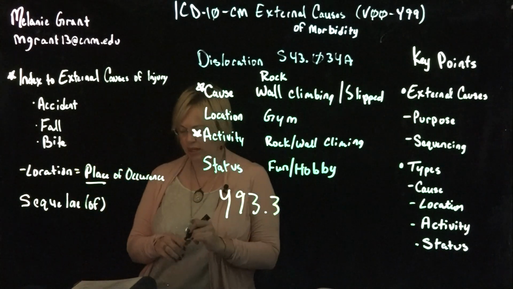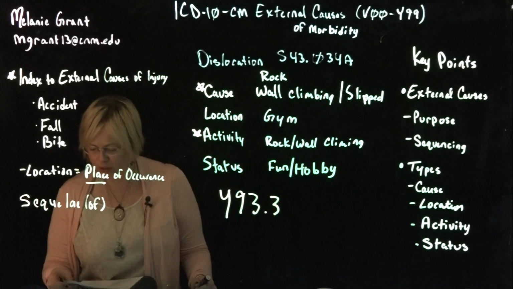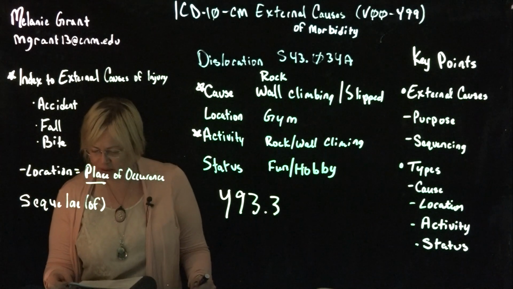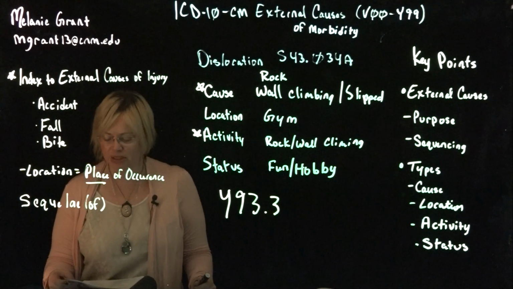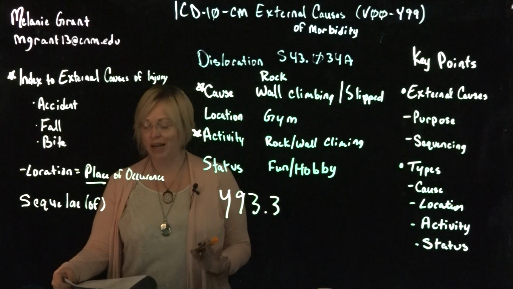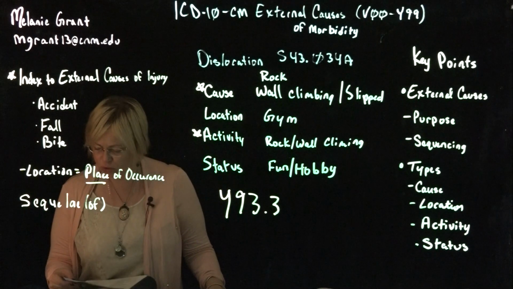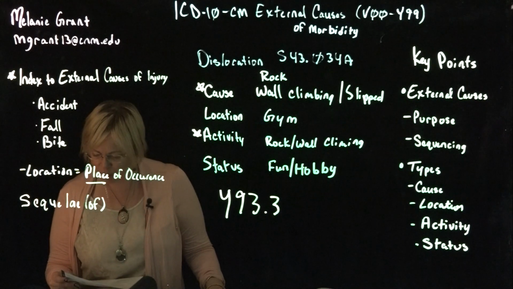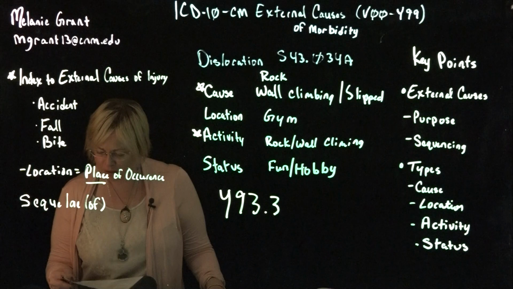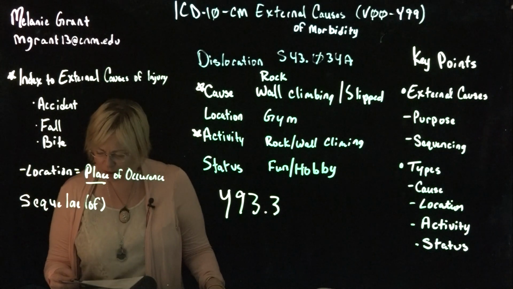So I'm going to keep reading. There is an Excludes1 note for any activities on hiking, jump roping, and trampoline jumping, which my patient did not have. For Y93.31, 32, 33, 34, 35, and 39, I have the difference between mountain climbing, rock climbing, and wall climbing, rappelling, base jumping, bungee jumping, hang gliding, and other.